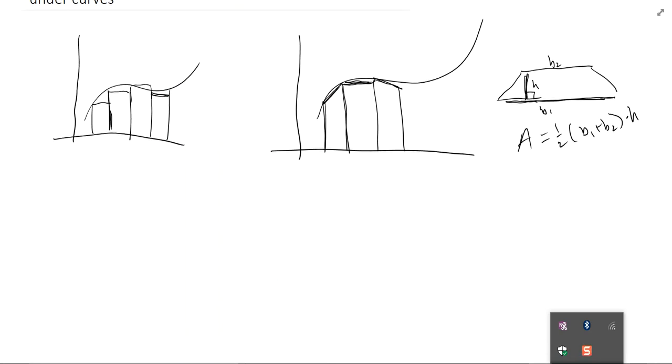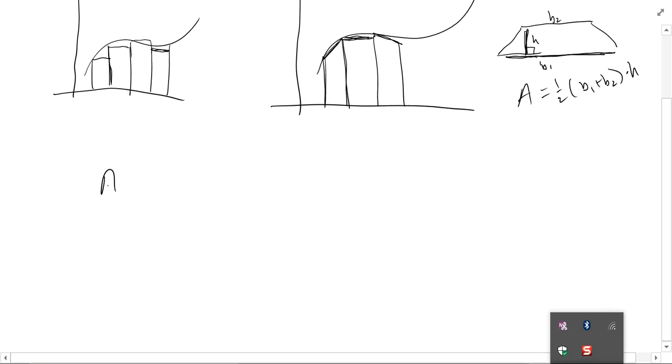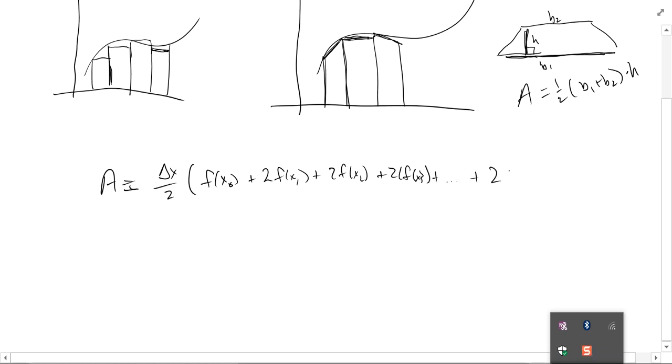As you work through the lab, you'll see how this turns into the formula for the trapezoid rule, which basically says that we approximate the area by taking delta x over 2 and multiplying it by f of x0 plus 2 times f of x1 plus 2 times f of x2 plus 2 times f of x3, and so on, plus 2 times f of x(n-1) plus just f of xn.